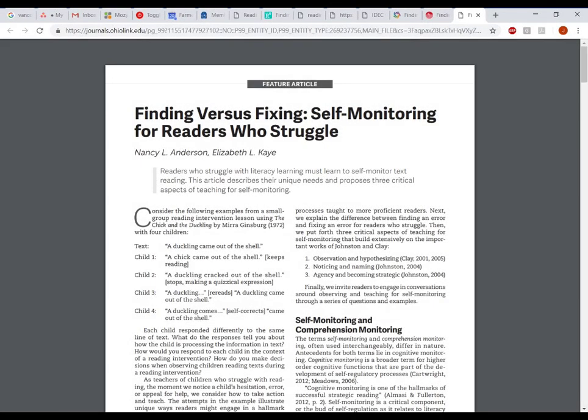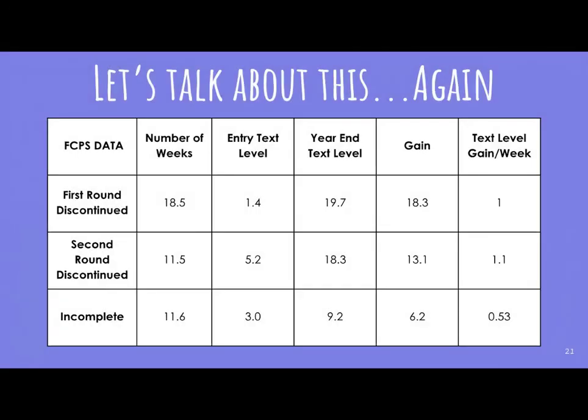And it was Betsy and Nancy's article on monitoring, finding versus fixing, that we had used last year with a training class. We thought, wow, this really puts into clear terminology the idea of the monitoring system versus the solving system, or not versus, but side by side. So we focused on that as the starting point for our teachers.